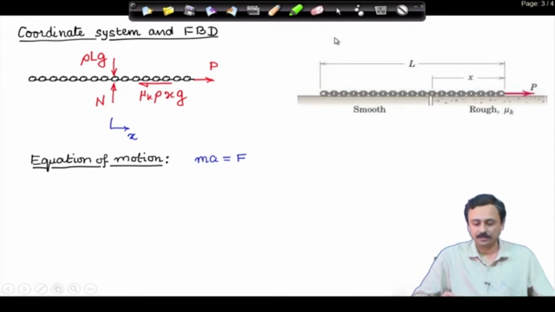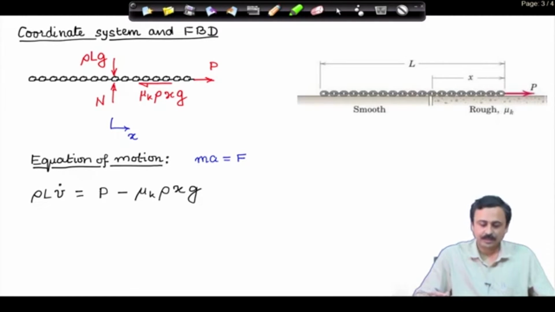Equation of motion is straightforward in this case. Total mass of the chain times acceleration of the chain is the net force acting on the chain. Now, the mass times acceleration, there is only acceleration in the x direction. I call that as v dot, acceleration as v dot, and mass of the total chain is rho times the length of the chain. Mass times acceleration is net force.